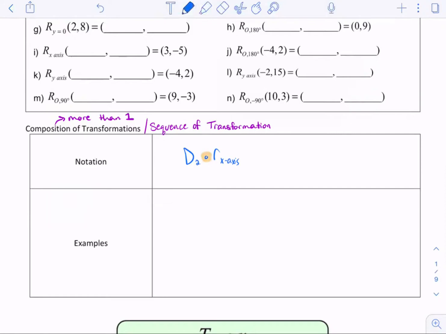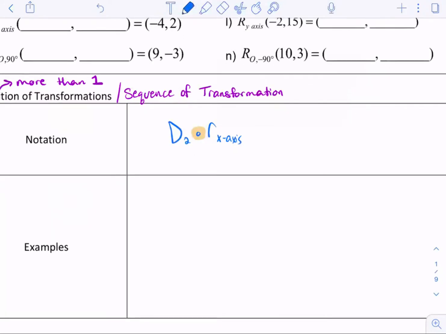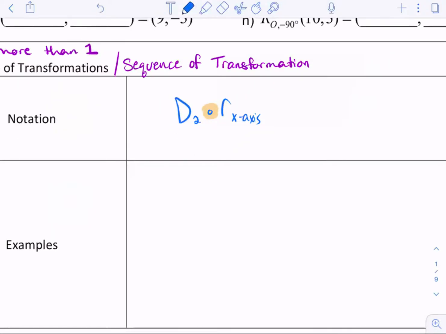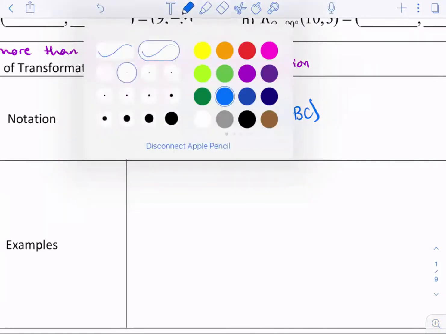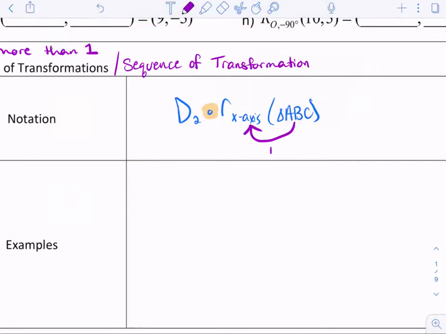It's not always used, but if it is used, you have to work backwards. So what that means, if I want you to do this composition of transformations to triangle ABC, you're going to have to first reflect it over the x-axis, then you'll dilate it by 2.